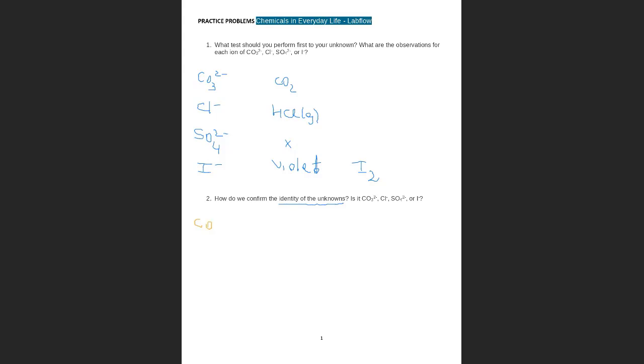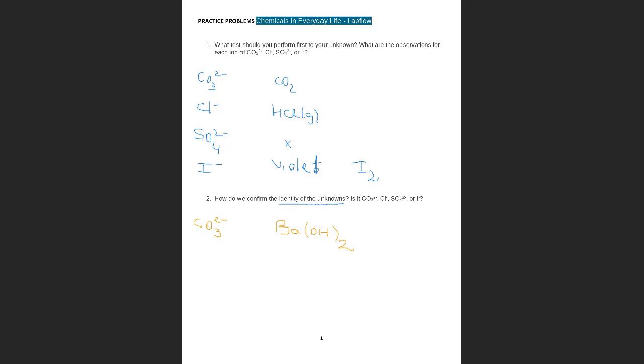So if we suspect that we have carbonate, well, you know that the reaction with barium hydroxide is going to confirm the presence of carbonate, because you know that a white precipitate of barium carbonate is observed when first we add some drops of hydrochloric acid, and then we will hold the drop and read the procedure as you are doing, and you will see a white precipitate of barium carbonate. And the reaction is written there.